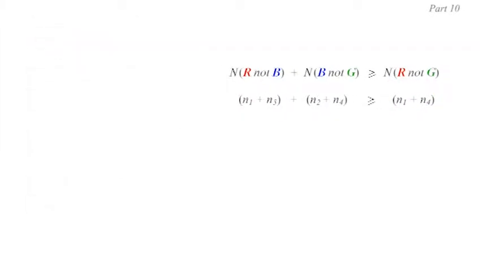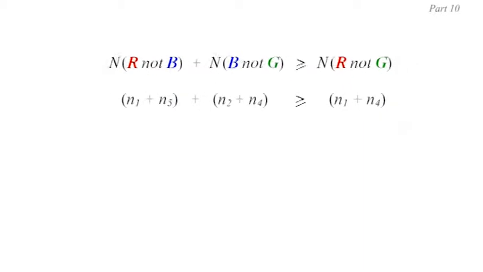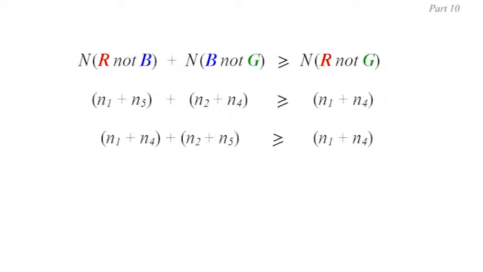If I now rearrange these numbers on the left hand side and put them in a different order, then the inequality is saying that N1 plus N4 plus N2 plus N5 is greater or equal to N1 plus N4.